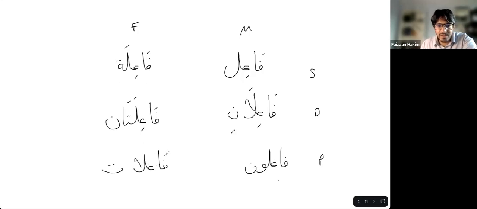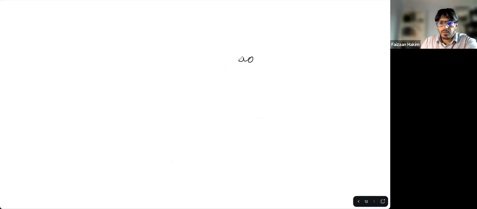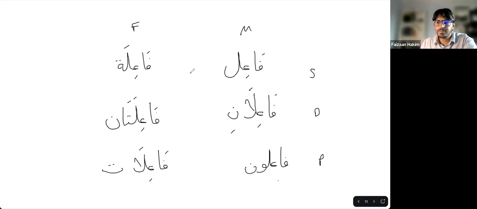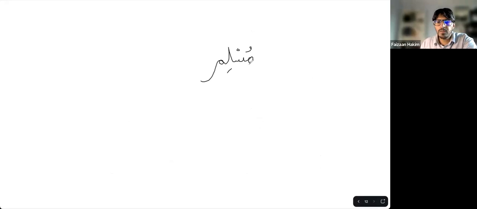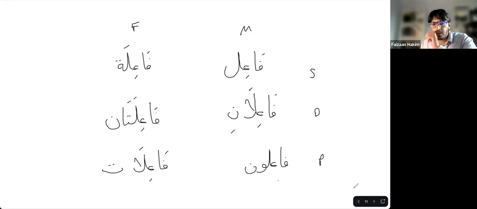Exercise: Muslim. Form the words over here. If you've done that, you have Muslim, Muslimah, right? Male and female believer. Musliman, Muslimatan, but importantly, Muslimun. You've heard Muslimun or Muslimat.